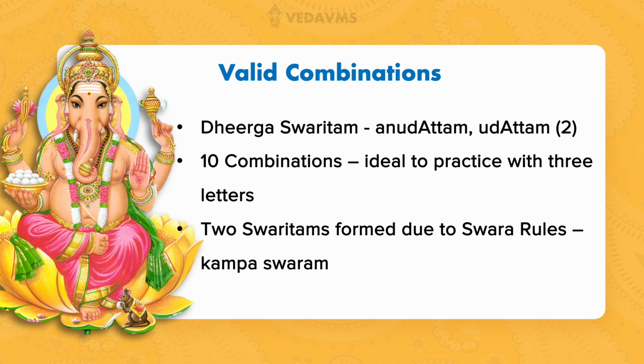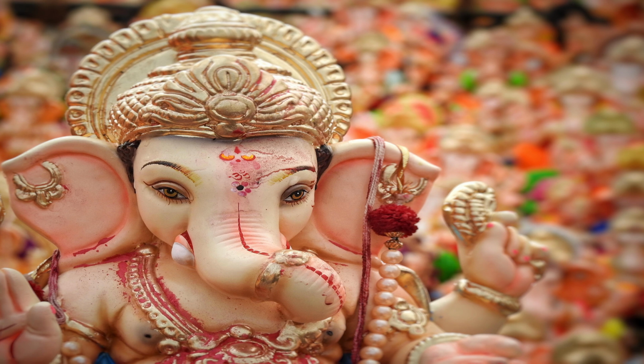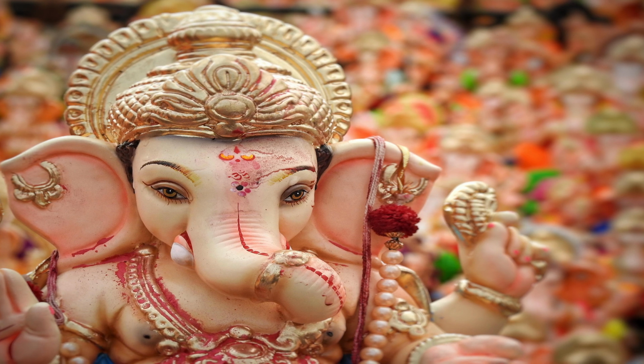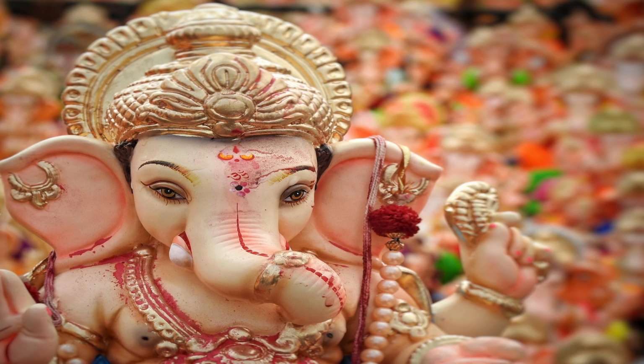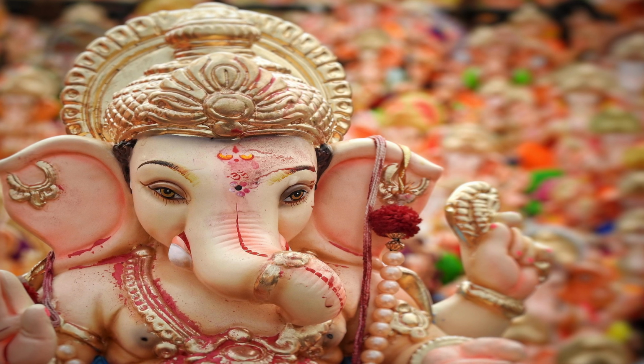Or you can take a simple two-letter word like Rama. You say Rama, Rama, Rama. Ra is Anudatam, Ma is Udatam. Or you can say Rama, Rama, Rama. Ra is Udatam, Ma is Swaritam. You can practice by taking these letters, and slowly it's better to take letters from the Rudra.